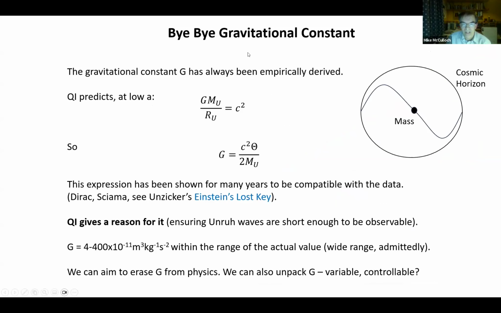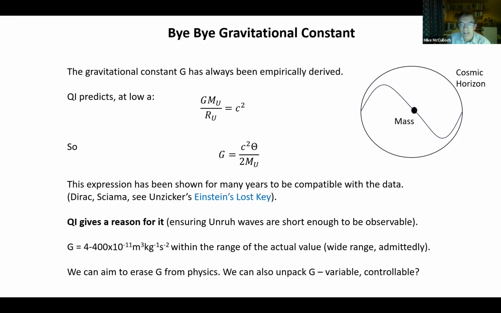And also, the same thing helps us get rid of the gravitational constant. Big G has always been part of physics, but it turns out that with quantized inertia, you don't need it, because, as I said before, you can derive this equation and rearrange it in terms of G. So G is simply the speed of light squared times the cosmic diameter divided by 2 times the mass of the universe.